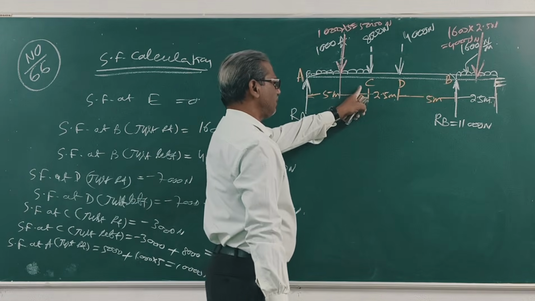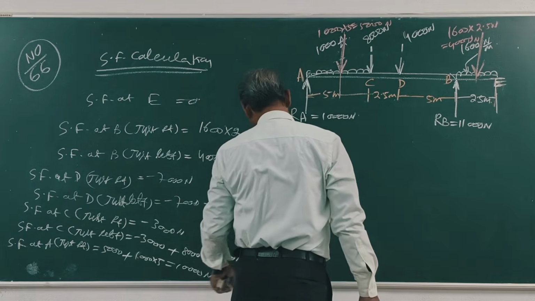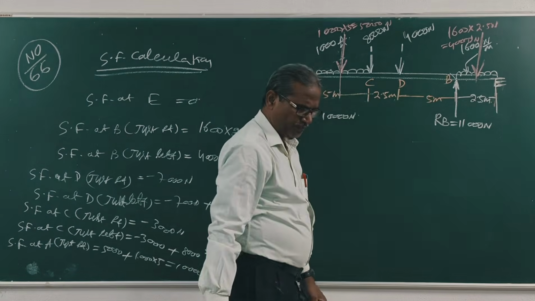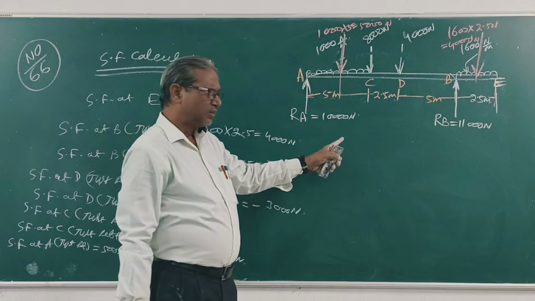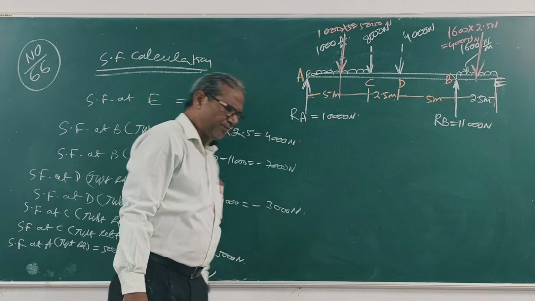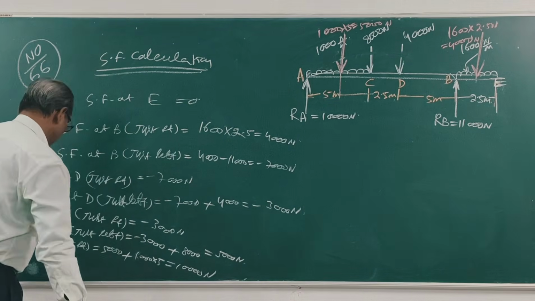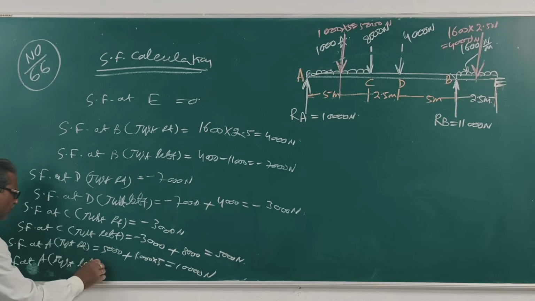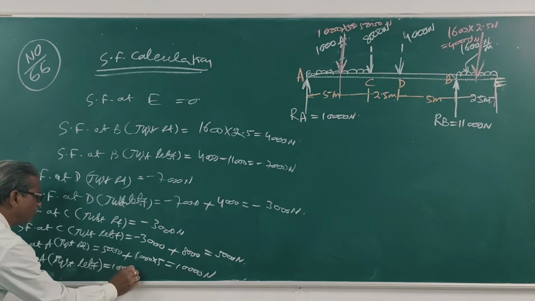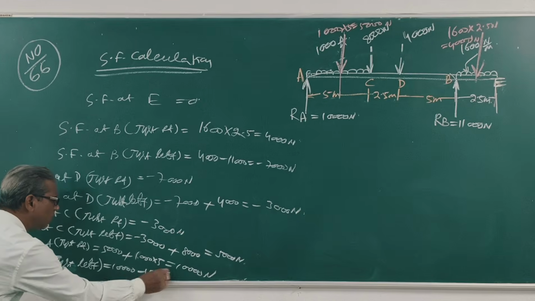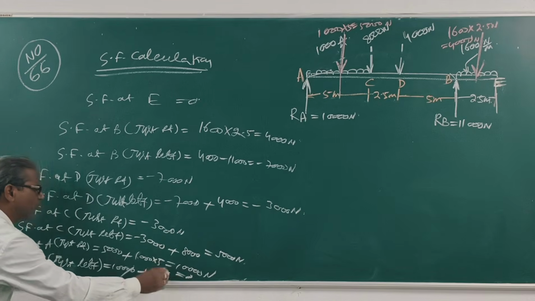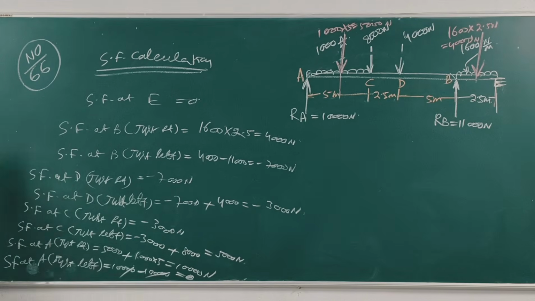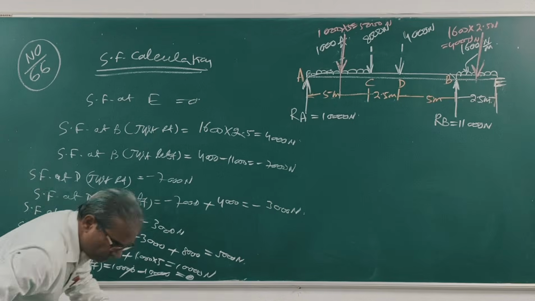Then A left. Shear force at A just left: 10,000 minus 10,000, 0. Clear?